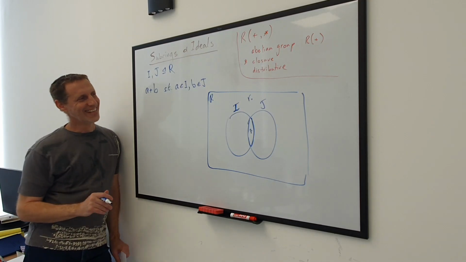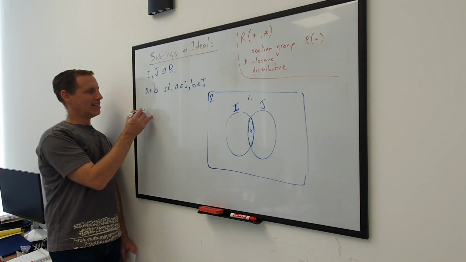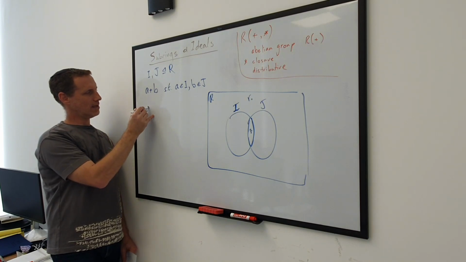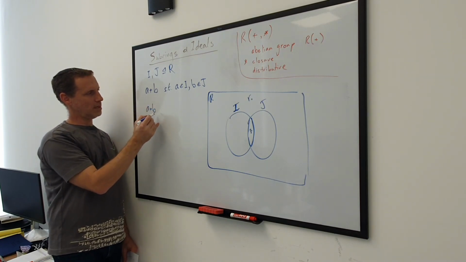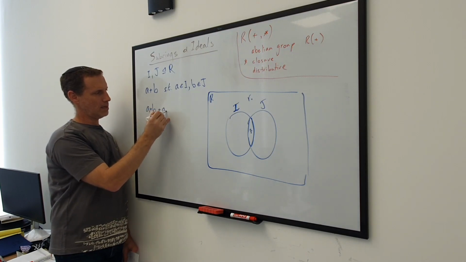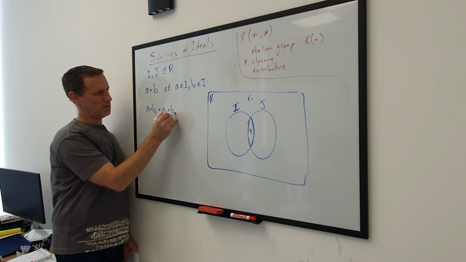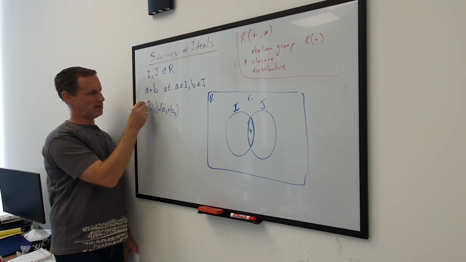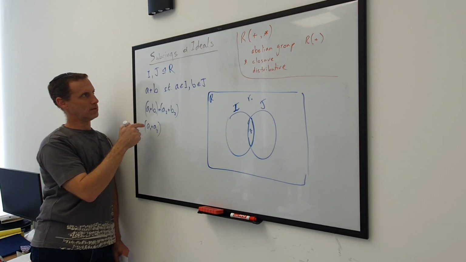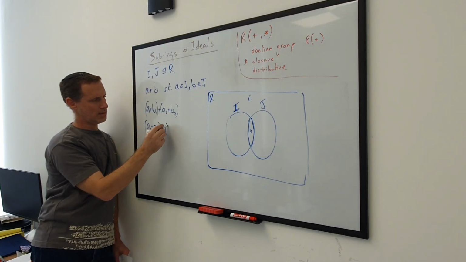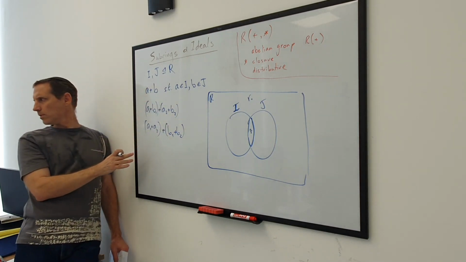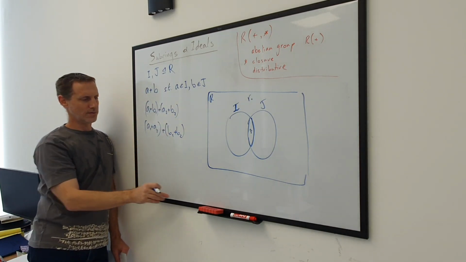If I take A1 plus B1 and A2 plus B2, then obviously the sum is A1 plus A2, which belongs to I, plus B1 plus B2, which belongs to J, so we've got closure.